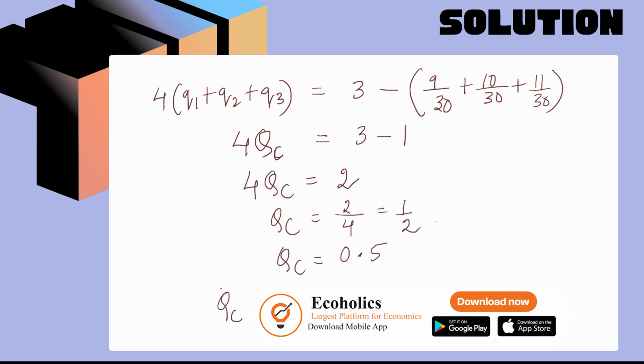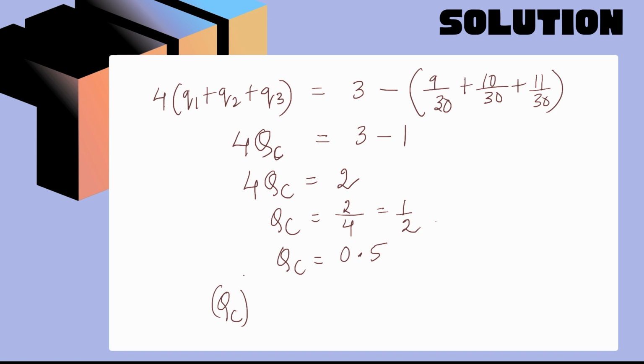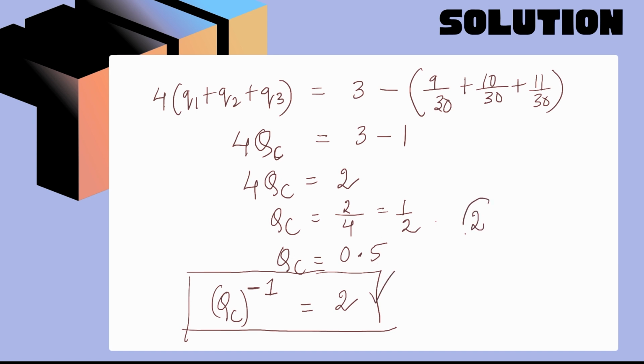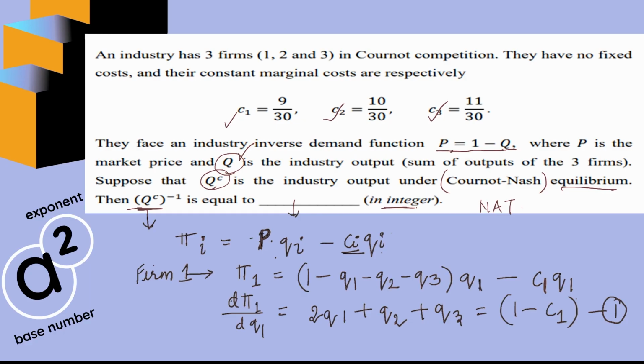QC to the power minus 1, which is equal to 2. So the solution is 2, which is of course an integer. So QC to the power minus 1 is equal to 2, and hence the answer for this is 2.